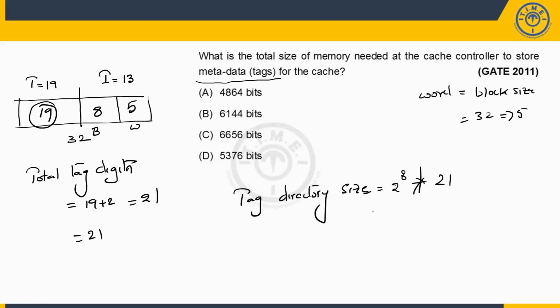What is the answer for this? 2 power 8 into 21 is 5376. 5376 is the correct answer. So you just need to remember, number of blocks would never change under any circumstances. Number of blocks will remain the same as in the direct mapped cache. You just need to remember this whenever you try to calculate the tag directory size.